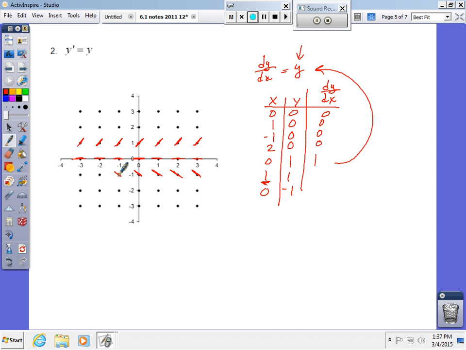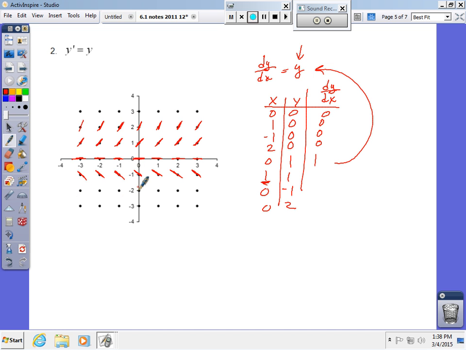So negative slopes are going to go this way. And again, in this first section we're just sketching what slope fields are. We'll put it all together by the time we're done with section 6.3. All right, let me keep going here. If I choose the point (0, 2), my slopes are all going to be 2, so a little bit steeper here. Steeper, steeper, steeper. Positive 2, positive 2, positive 2. And these are all going to be negative.